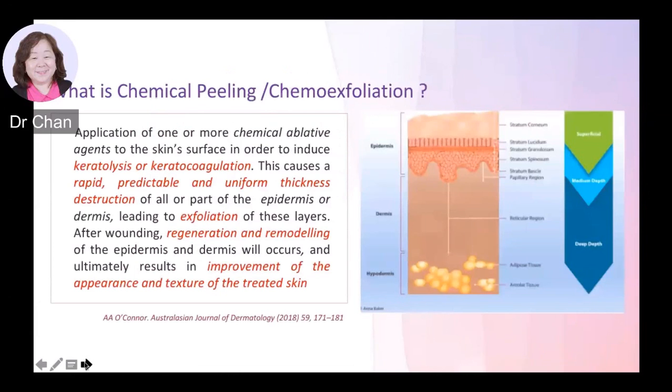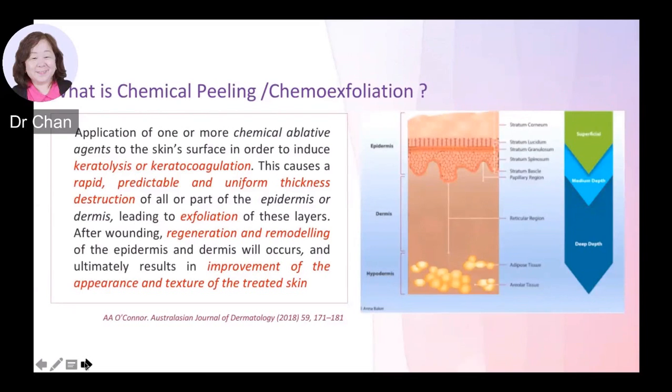Over the century, various techniques have been employed to reverse skin changes caused by photoaging and many cutaneous dermatoses. Among these methods, chemical peeling has withstood the test of time. What is chemical peeling or chemoexfoliation? This is a method where a chemical ablative agent is applied to the skin surface in order to induce keratolysis or keratocoagulation.